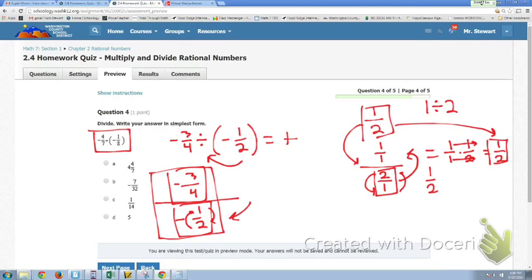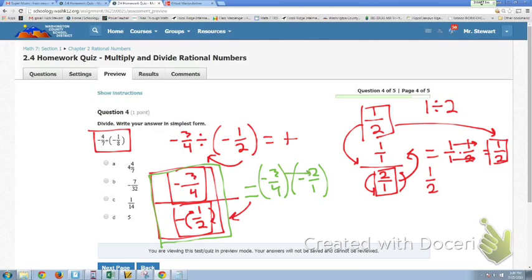So now let me bring you back to this example over here. Dividing by -1/2 is going to be the same thing as taking -3/4 and multiplying by the reciprocal of -1/2, which is -2 over 1. All we did was take the division and turn it into a multiplication.